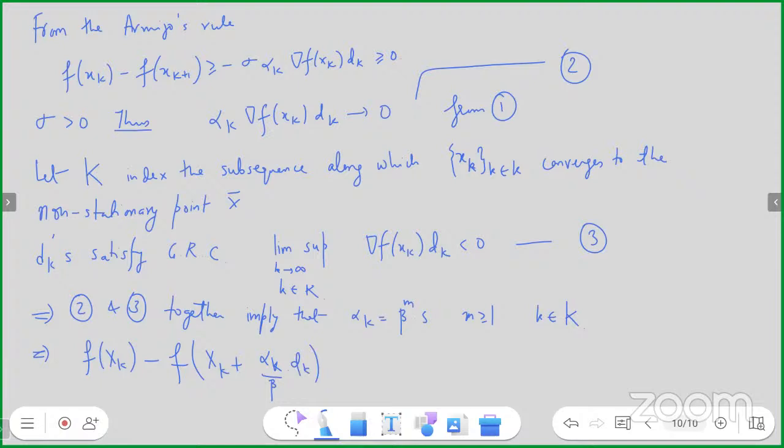So it is less than equal to minus sigma alpha k by beta gradient f of xk times dk.